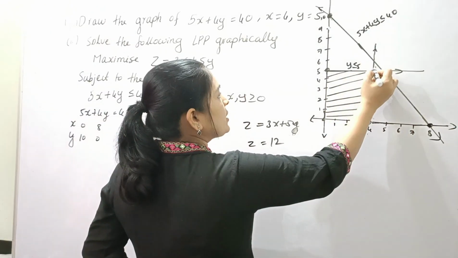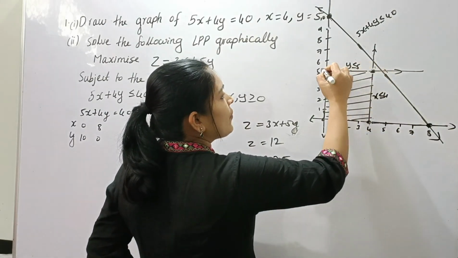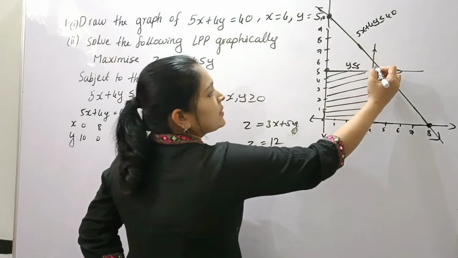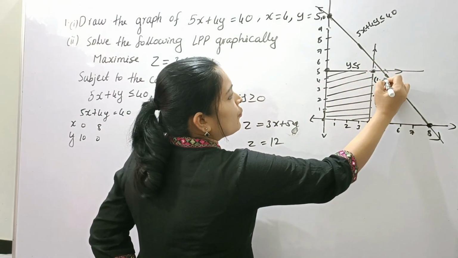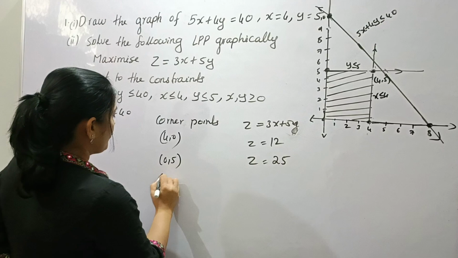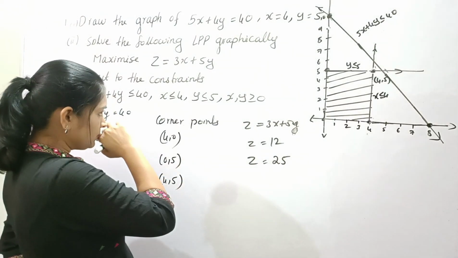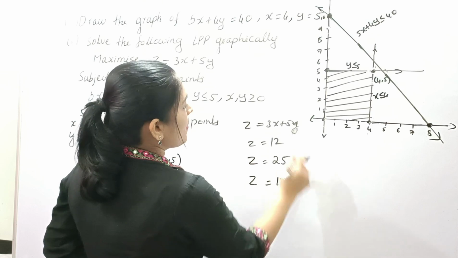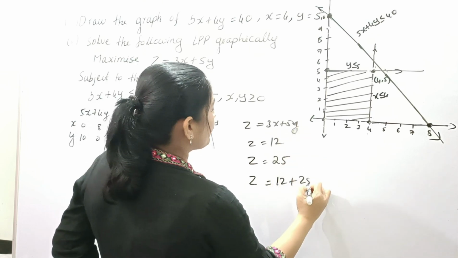Next, what is this point? It is nothing but the intersection of y is equal to 5 and x is equal to 4. That is, this point is 4, 5. z is equal to 3 into 4, 12, plus 5 into 5, 25.